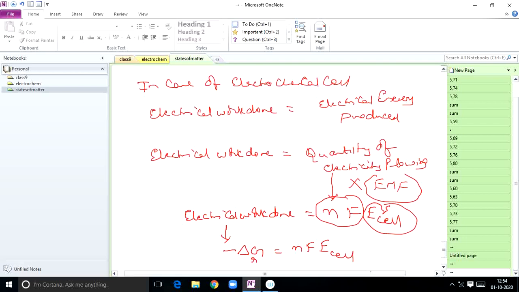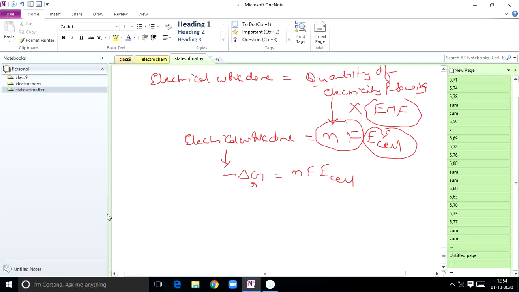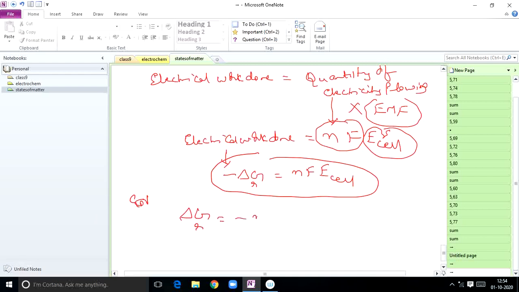That is the relation. In this manner, this is one equation, the Gibbs free energy change of reaction. From this you can write delta G R is equal to minus nF E cell.